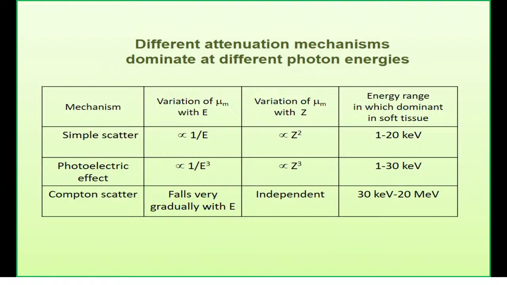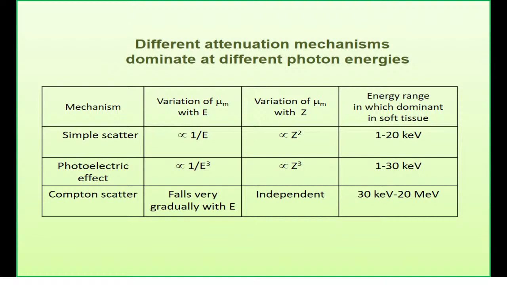The photoelectric effect requires more energy, and Compton scatter is caused by photons of that range of X radiation photon energies.